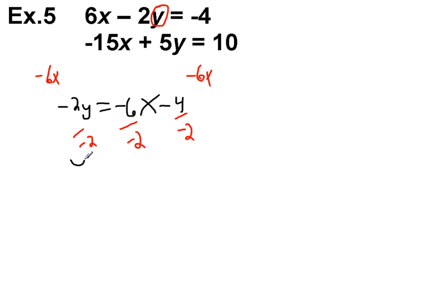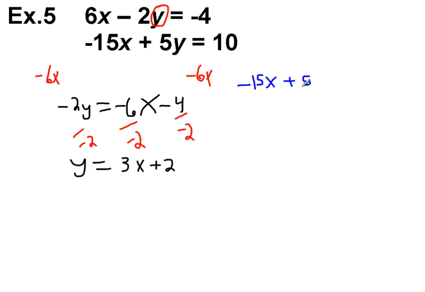So we need to divide by negative 2. Okay, so when we solve that top equation for y, we end up getting positive 3x plus 2. So now we take the other equation, and we're going to write it. And I don't know what x is, so I'm going to write x.